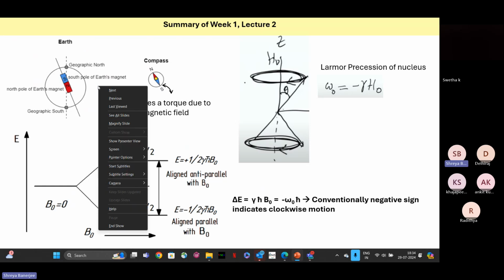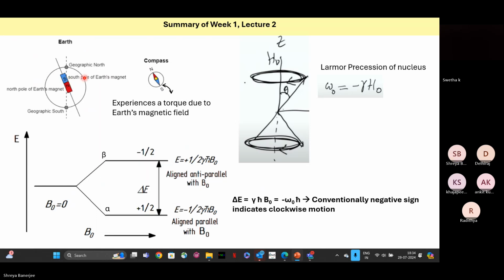So now imagine, this is just a classical comparison. You have the Earth, and the Earth has a magnetic north and south pole. If you have a compass, the north of the compass needle will point towards the magnetic south of the Earth, and the south of the compass needle will point towards the magnetic north of the Earth.